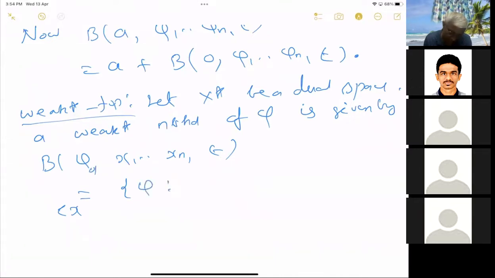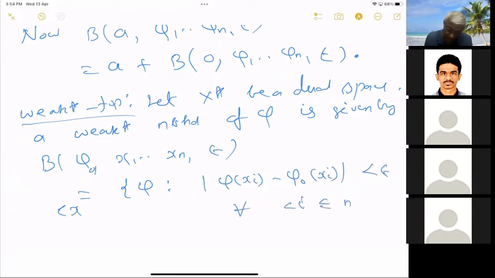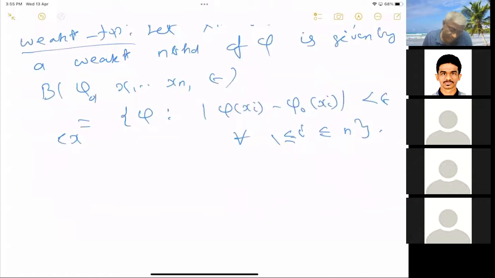So all those phi such that |phi(x_i) minus phi_0(x_i)| is less than epsilon for all i. So this is a weak star neighborhood, and if you want, you can do the same thing with that. So the point is, what do you want to say next?